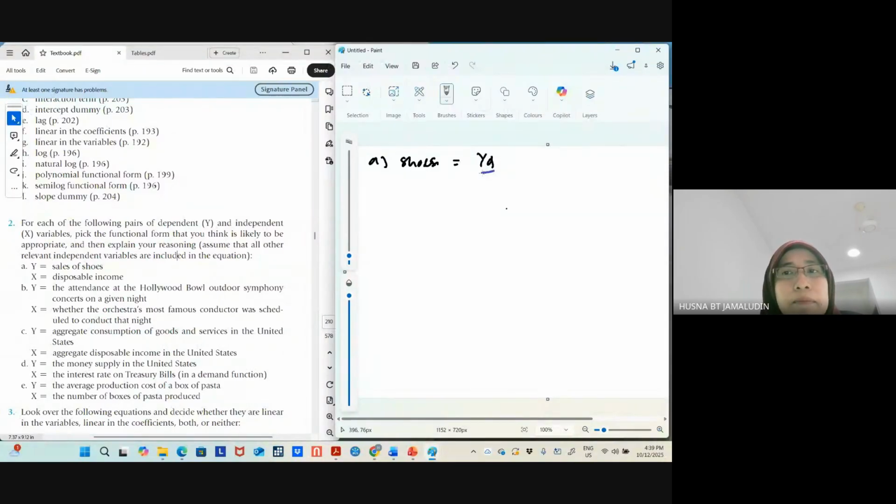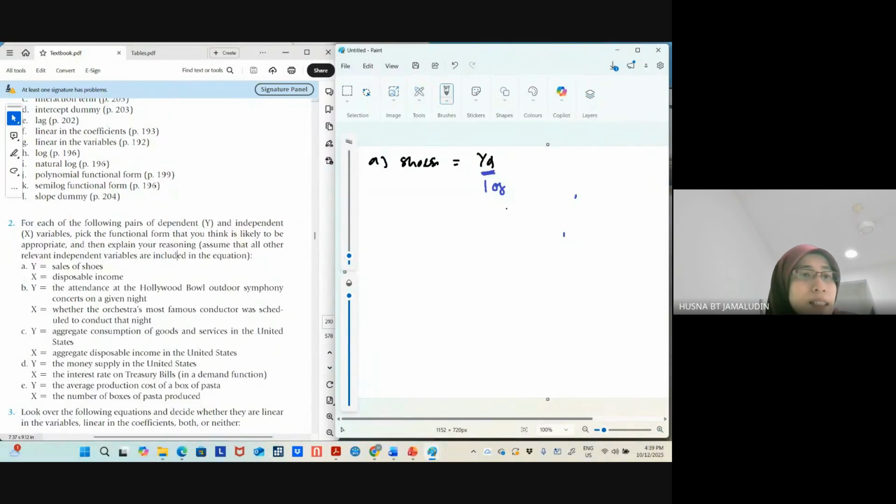Remember income? When we learn about income, normally income will increase by percentage. Percentage means it is log. Sales of shoes: remember we have learned when your income increases by a lot, your demand for something will not increase by a lot. For example, your income increases by 10%.